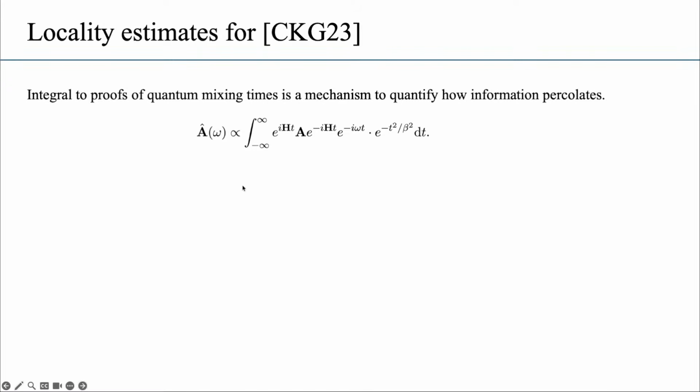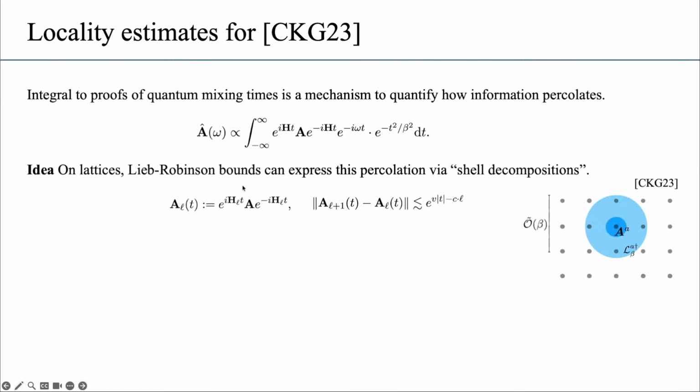So the idea is that at the very least on lattices, Lieb-Robinson bounds give us a mechanism to quantify this percolation, where the math picture is that, let's say we're simulating a local operator A for time t, and we're going to compare it to the same time evolution where we truncate the Hamiltonian to a distance L around the operator. And the claim is that this truncation to the time evolution is accurate to an exponentially decaying error in the distance. Okay?